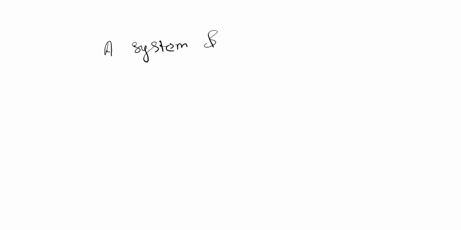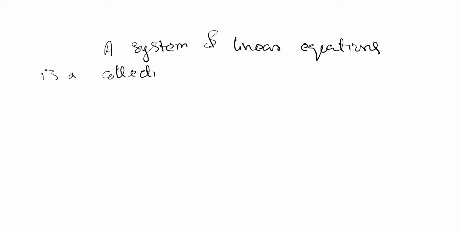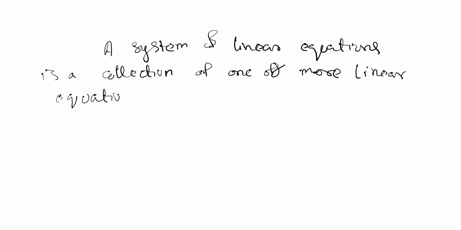A system of linear equations, or a linear system, is a collection of one or more linear equations involving the same variables.